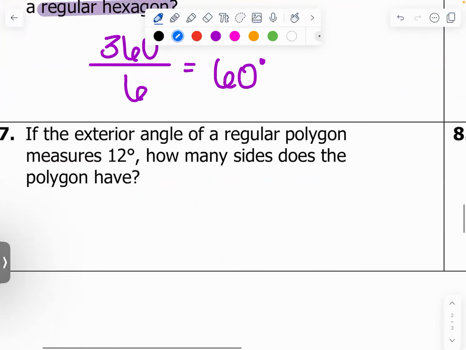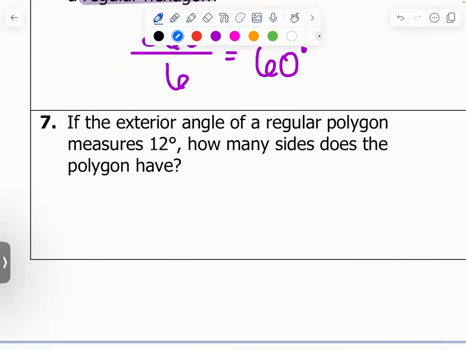Okay. So here we go. We know that if we have 360 degrees, we're gonna divide it by the number of sides, and that gets us our angle. So if we're gonna take 360 divided by n, in this particular case, it's going to get us 12. So we have to figure out what n is.